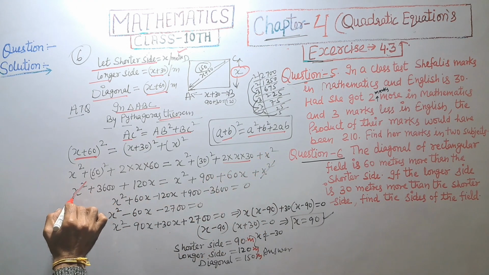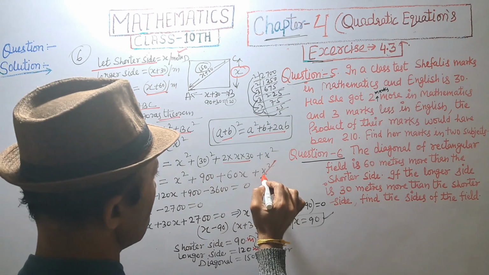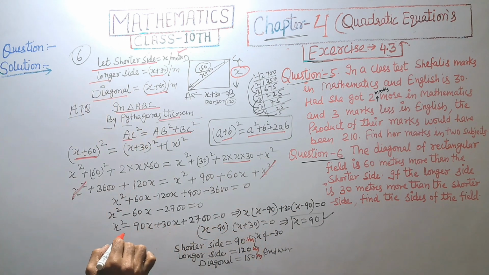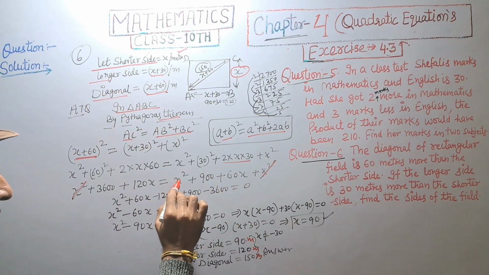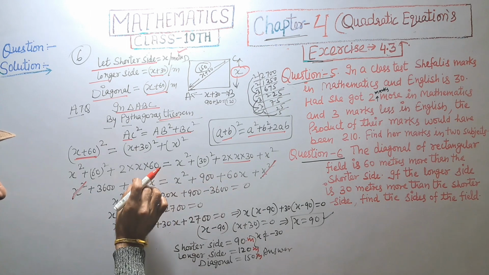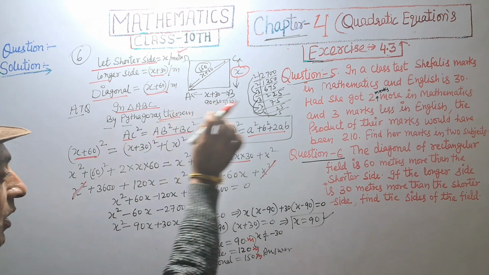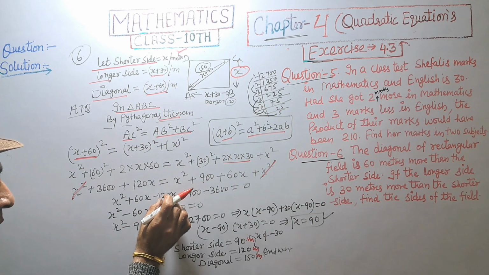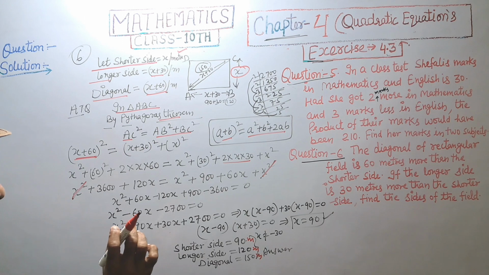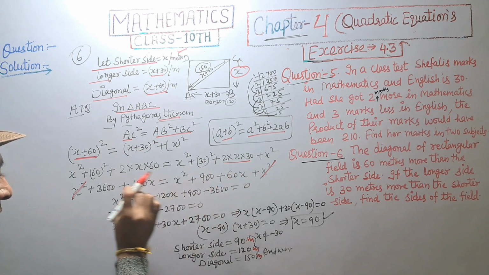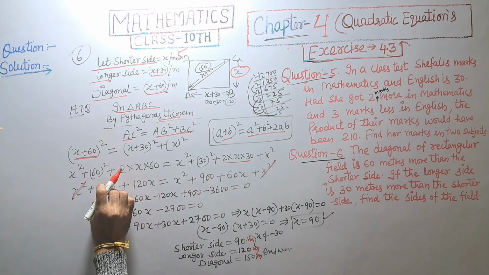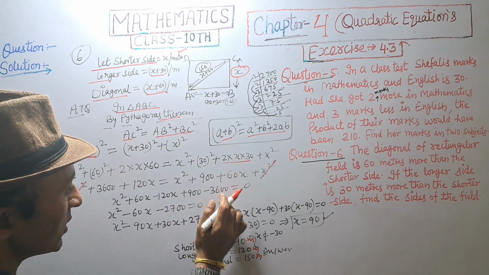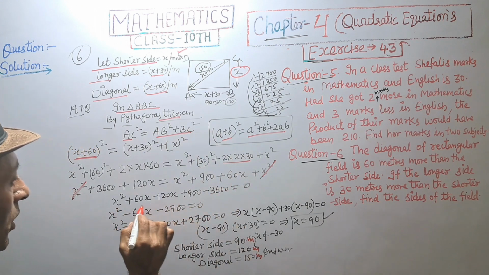X square on the left side and x square on the right side cancel. Shifting 120x to the right, it will be minus 120x, plus 900 as it is, and shifting 3600 will be negative 3600 equal to 0.